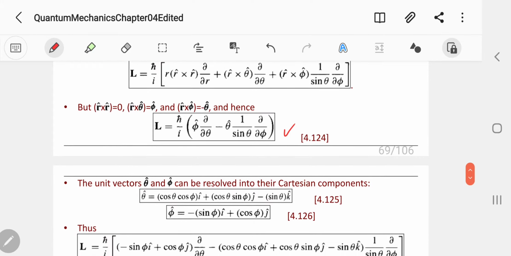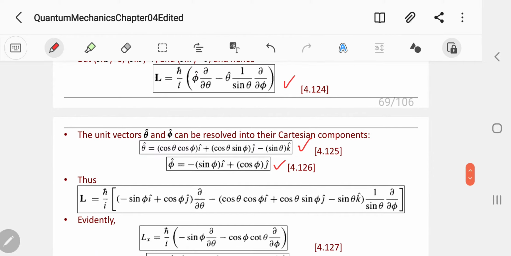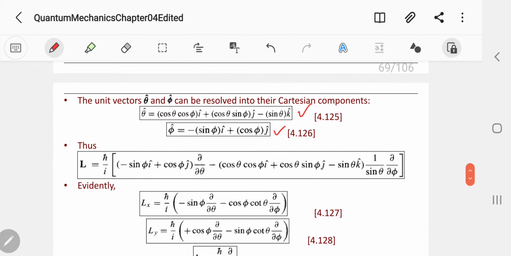And we know that in electromag, if you review, we know that your r is just equal to this, and your theta hat is just equal to that, and your phi hat is equal to this. So you can rewrite this one, your L, in terms of the spherical coordinates.